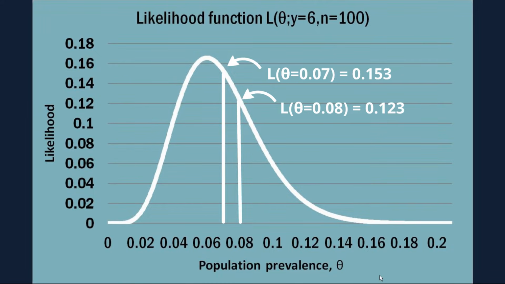We have our two likelihoods that we generated before for theta being 0.07 and theta being 0.08. I'm sure you could imagine that for having 6 out of 100 in our sample with thalassemia, a more likely value of theta would be 0.06. And you can see that's actually at the peak of this distribution.